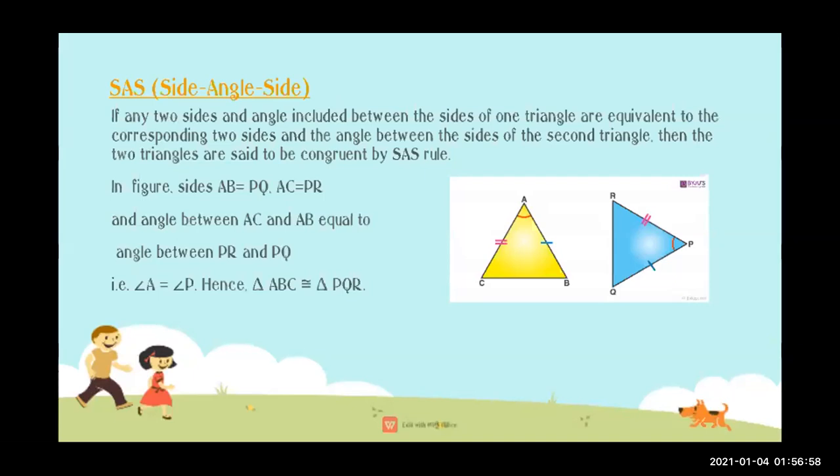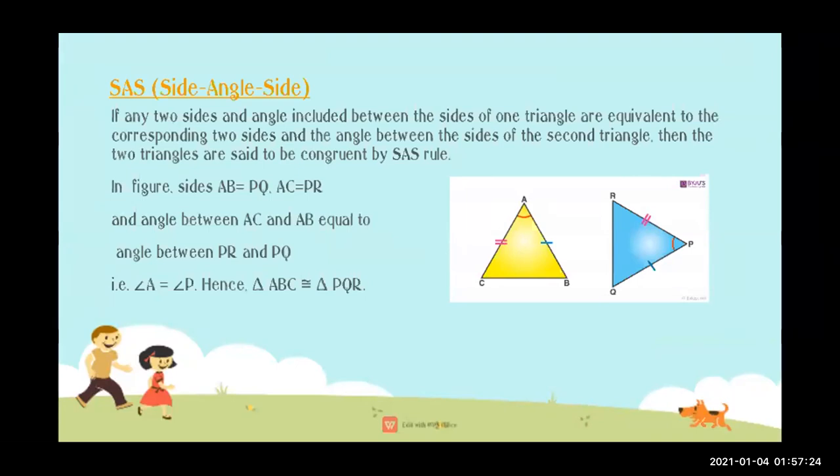It is the side angle side test. Two sides and in between there is one angle. So triangle ABC is congruent to triangle PQR by the side angle side test.